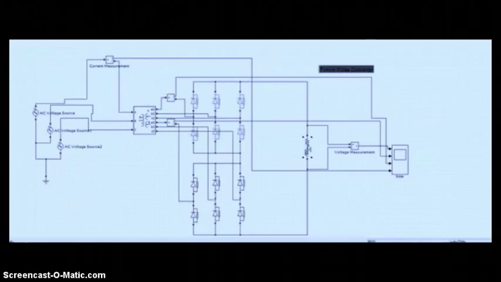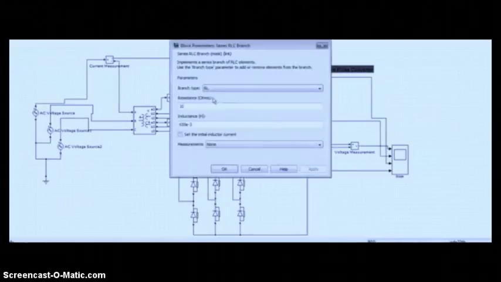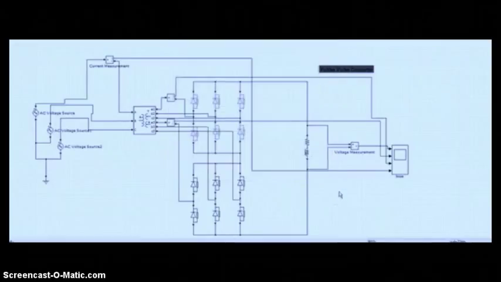The load is a standard RL series circuit, which is set at a resistance of 10 ohm and an inductance of 650 millihenry. For milli you have e raised to the power -3. Now if I want to run this circuit, let us see what will happen. I have this scope.